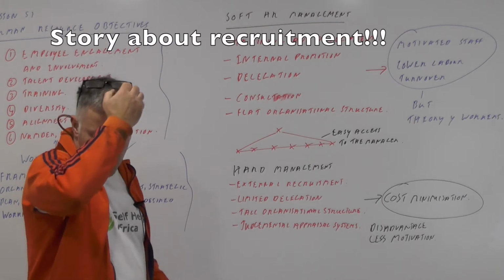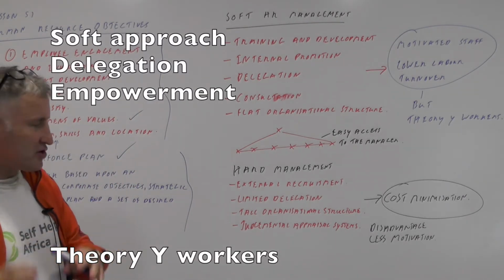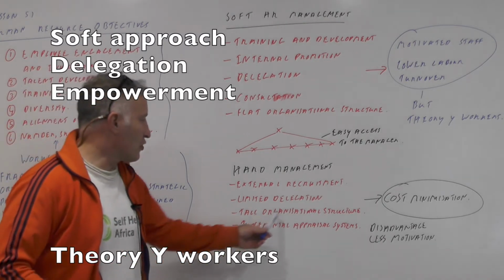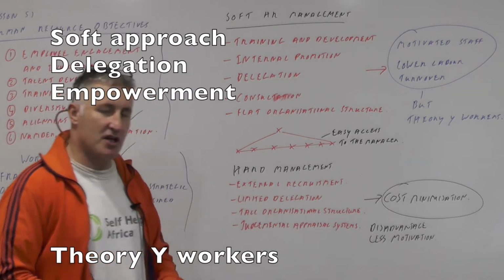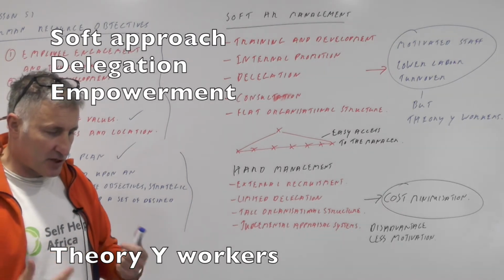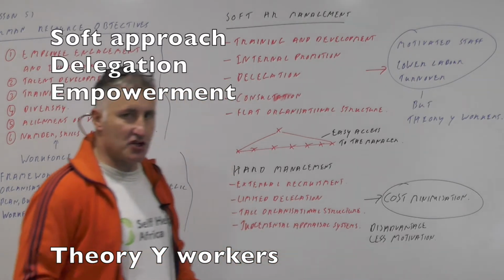Whereas hard management is where you basically treat your workers as Theory X, with judgmental appraisal systems, a tall organisational structure, limited delegation, external recruitment, and you're really looking at reducing your cost to the lowest amount possible. The disadvantage, of course, is there's going to be less motivation.